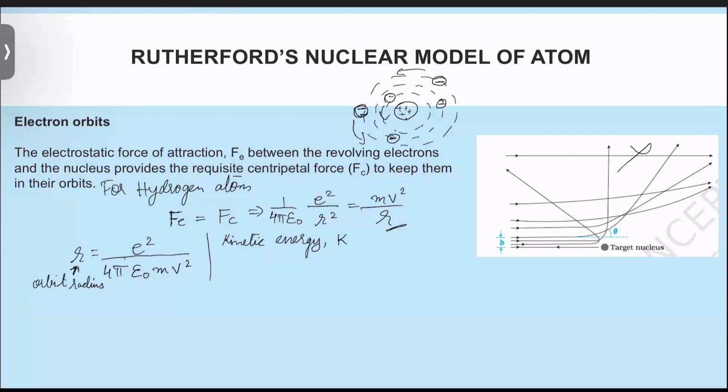K is going to be half mv square, and that is going to be equal to e square by 8 pi epsilon 0 r. And the potential energy U is going to be minus e square upon 4 pi epsilon 0 r.